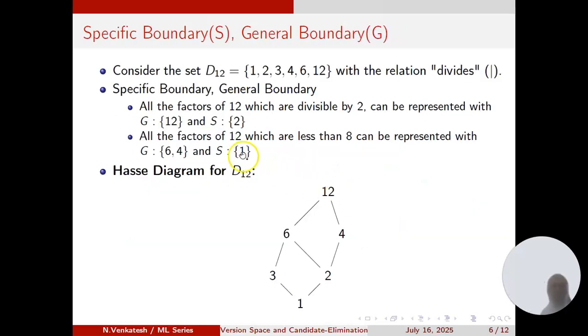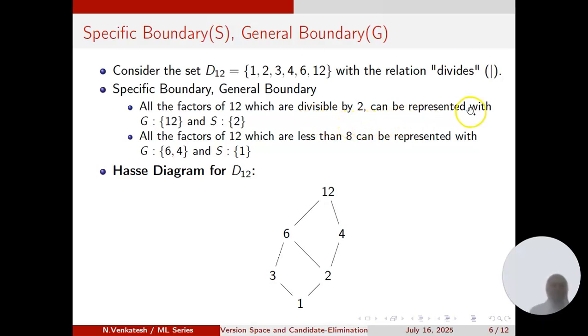Let us consider this example that we had discussed in the earlier lectures. We had all the factors of 12 and a divides relation, and we had seen that this is a lattice, and we get a Hasse diagram like this. Now suppose that we wanted to represent all factors of 12 which are divisible by 2.